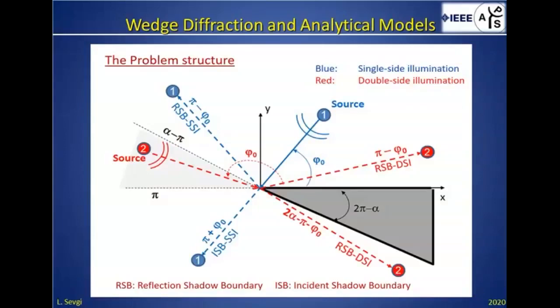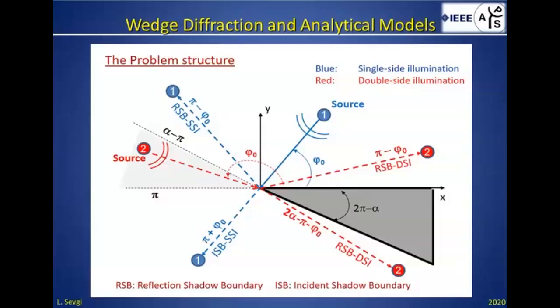Now, first see the blue color drawings. Source 1 is from the previous slide. If you put source 1 as in the slide, then the reflection and incident shadow boundaries are as I told you on the previous slide.